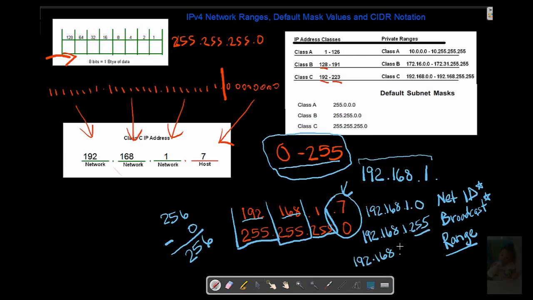Now, what do we assign to any of our devices? Well, DHCP or static, however we're associating addresses to devices, they would have to be specified in this network in this range.